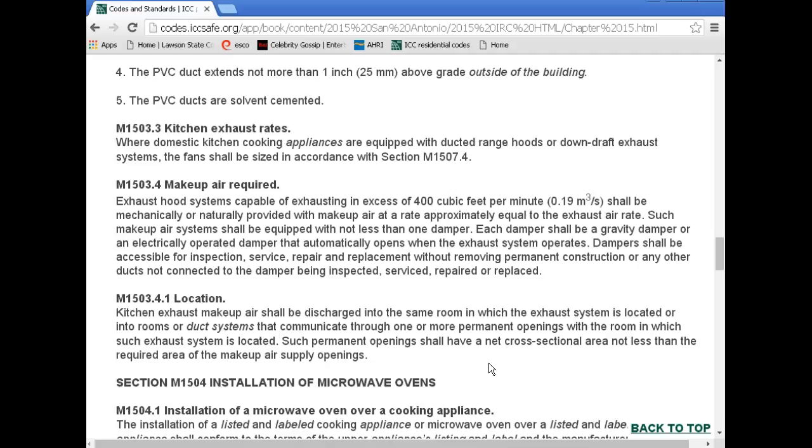Such permanent opening shall have a net cross-sectional area not less than the required area of the makeup air supply openings. So basically, it's got to be in the kitchen. Now they do prohibit us putting a return duct for our system in the kitchen, and one of the reasons is you're going to be exhausting, and that little range fan can't very well fight your 5-ton blower motor.